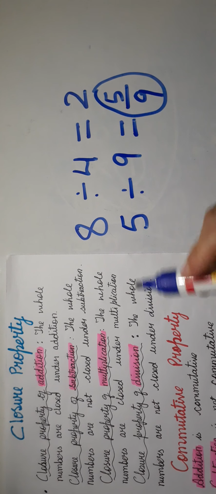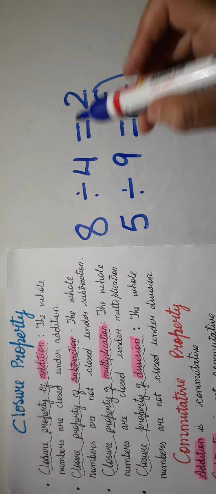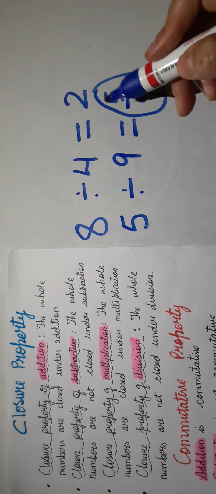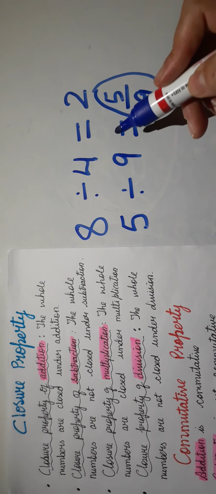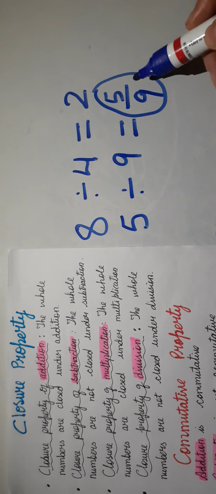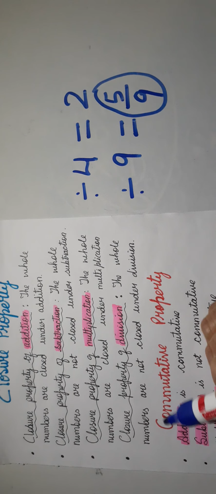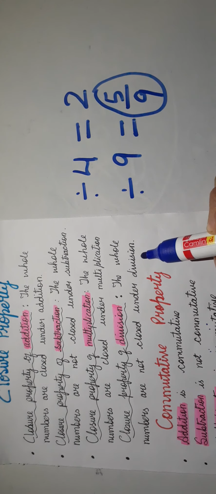So division under the whole numbers, that means when we take any whole number and divide by another whole number, it is not always a whole number, like in this case. So that is why the whole numbers are not closed under division.